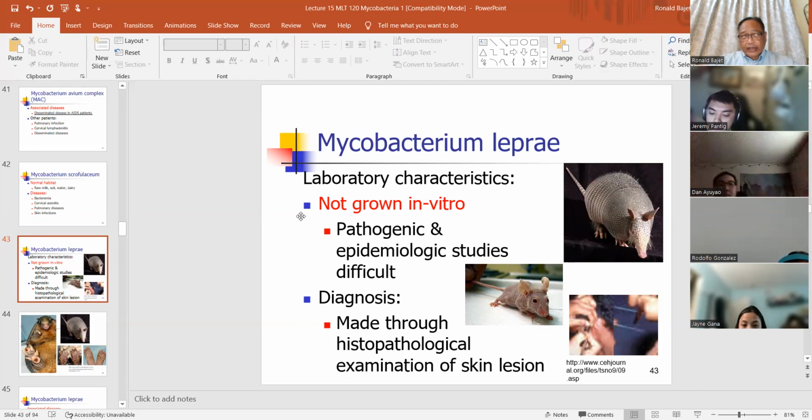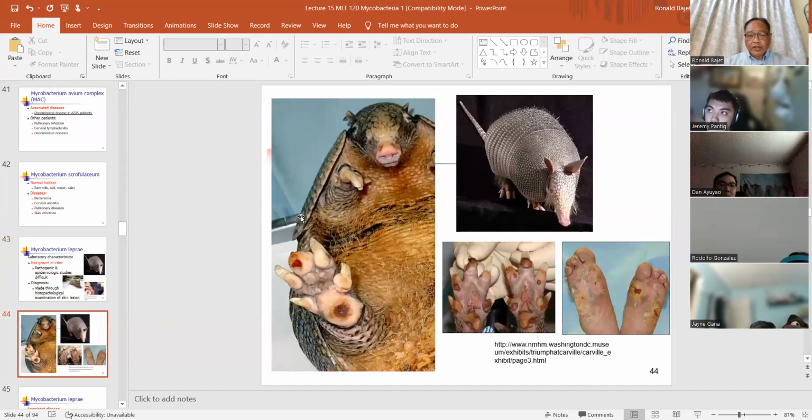That's what you'll see on your board exam. Pathogenic and epidemiologic studies are difficult. Diagnosis is made through histopathological examination of skin lesions. There's the armadillo showing off his feet. Armadillo, and then human feet on the right.